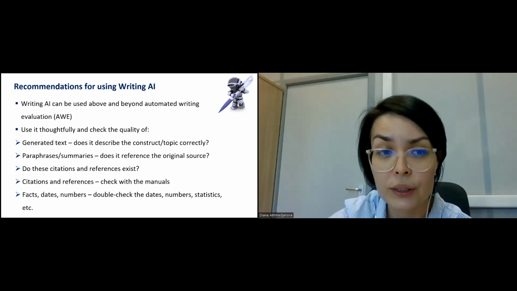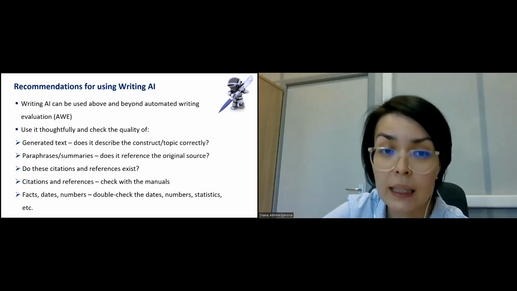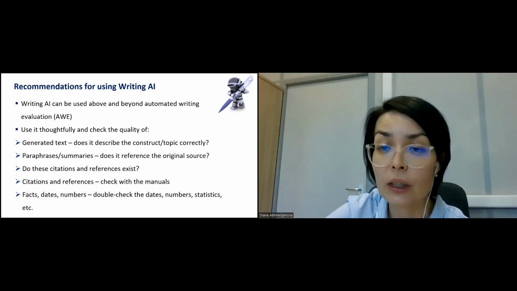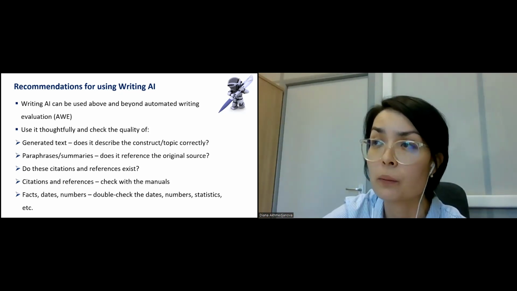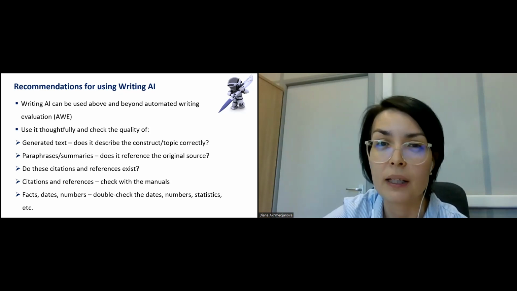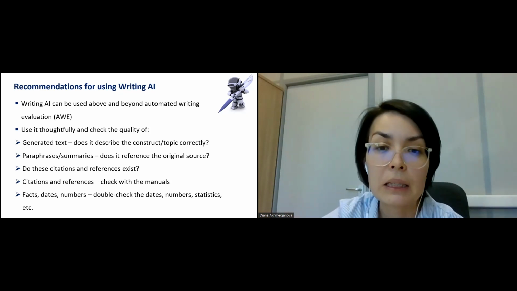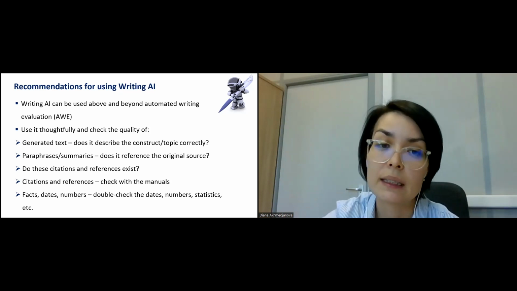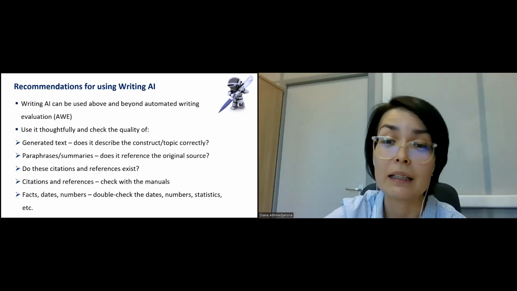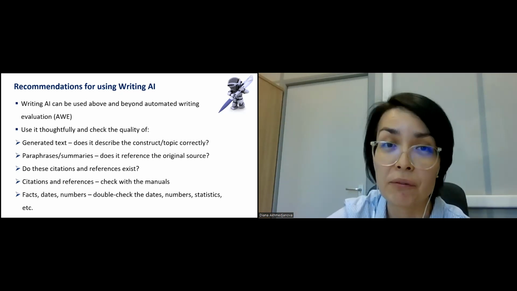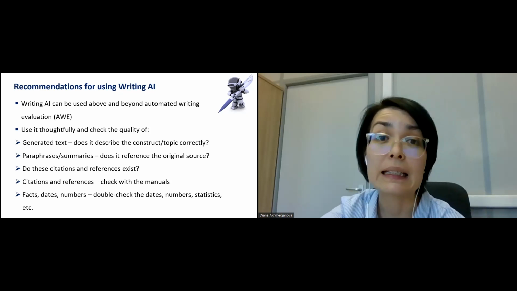So you have to check the quality of the tool first, but then you have to check the quality of the generated text. Does it describe the construct or topic correctly? We've seen some examples here today earlier when people were saying, yeah, it describes something related to the construct, but not really. In terms of paraphrases and summaries, does it reference the original source? If it does use references or citations, do these citations and references exist?